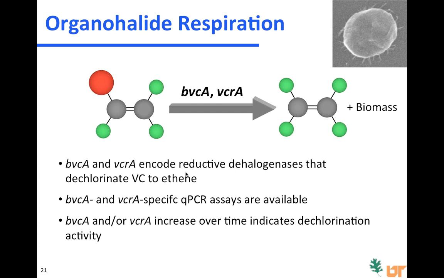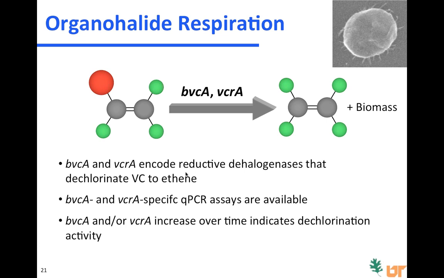They have been proven to be very useful to demonstrate that this process is occurring in groundwater or in contaminated aquifers. So if you see an increase in bvcA and or vcrA over time, you can say with good confidence that reductive dechlorination is occurring.